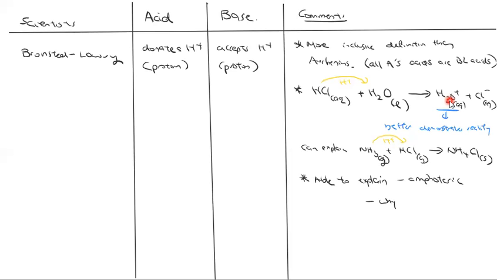So this is something that Arrhenius could not explain: why the salt from neutralization is not always neutral, right? So under Arrhenius's definition, you've got a salt that results from reacting an acid with a base. That salt should be neutral, according to Arrhenius.